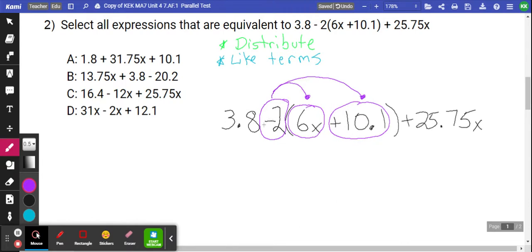So my first step is negative 2 times positive 6x, and that will give me a negative 12x. And then I distribute negative 2 times positive 10.1, and that will give me a negative 20.2.